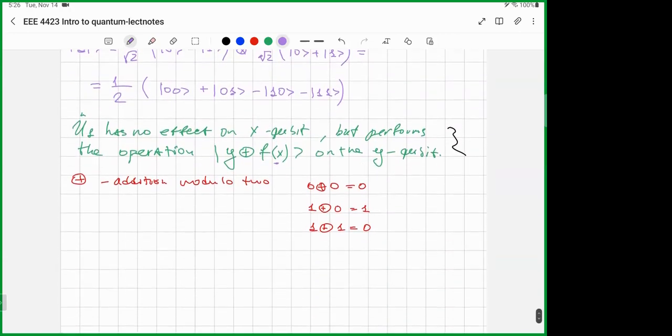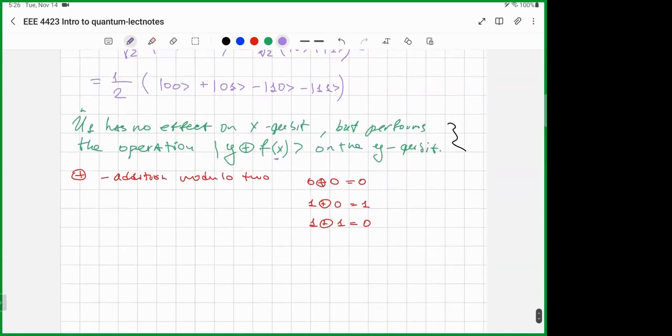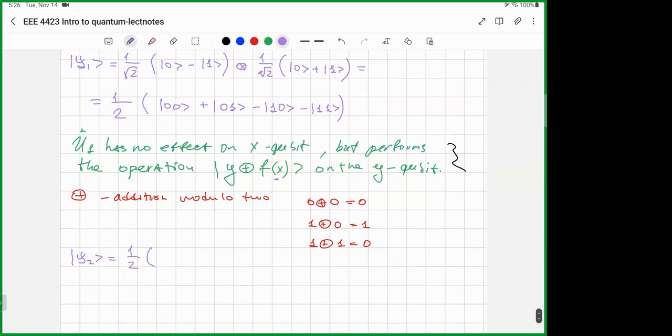Let us write down this psi 2 state. The psi 2 state is equal to 1/2, right? Then, remind you that first we write the x qubit, then the y qubit.